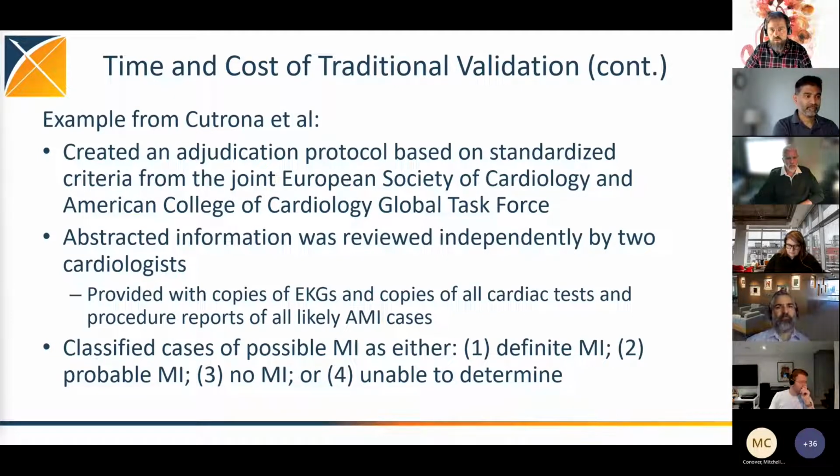And then 2 cardiologists reviewed the data that had been previously abstracted. And from there, they were able to define whether people were definite MI, probable MI, did not have MI, or were unable to determine.